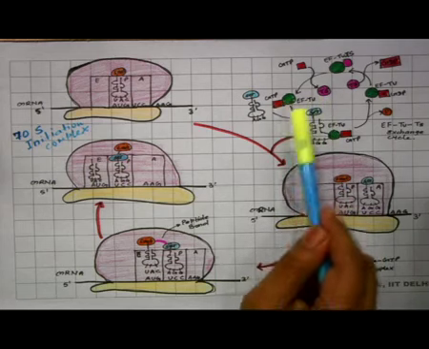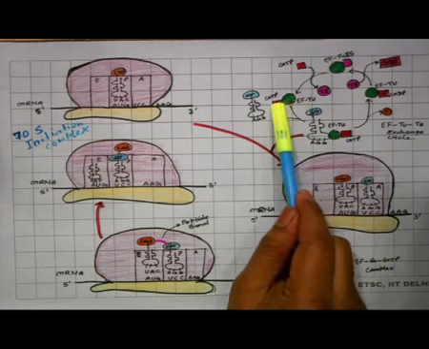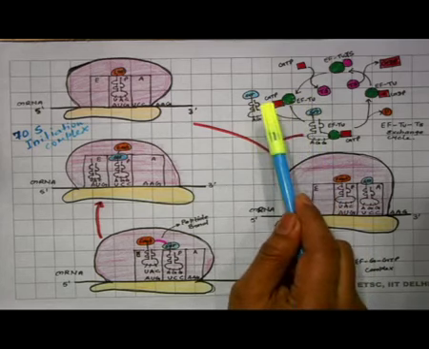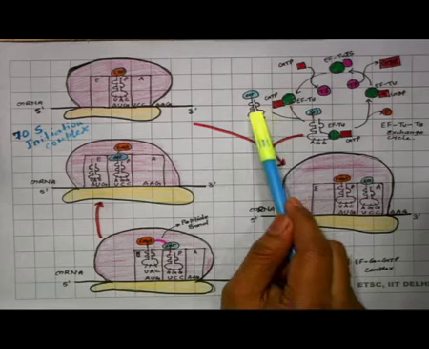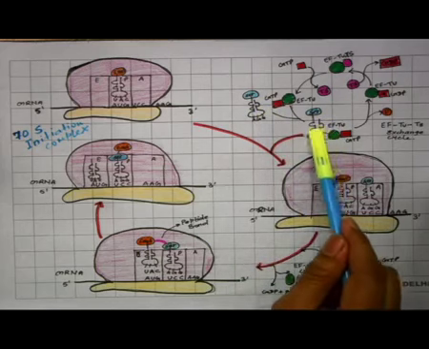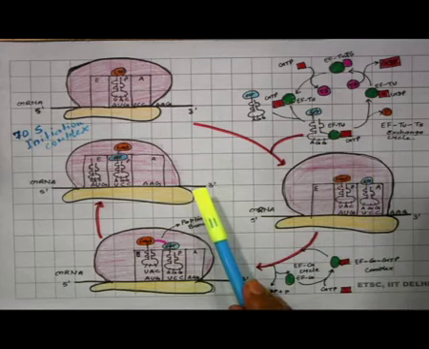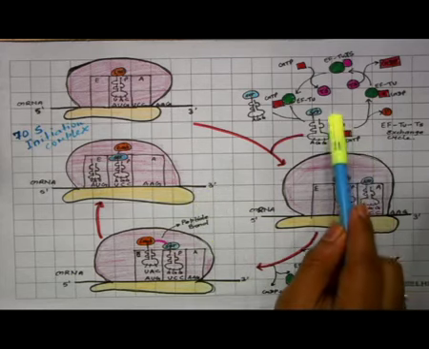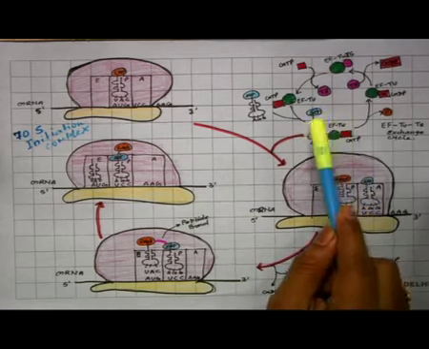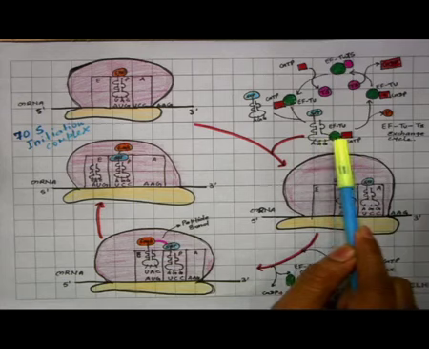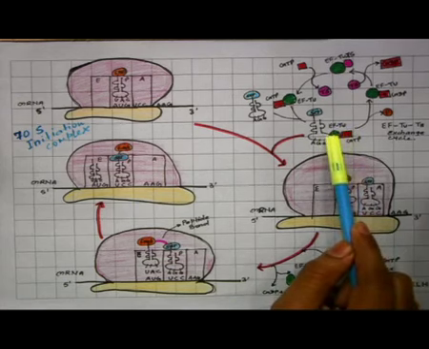This GTP elongation factor Tu will combine with charged transfer RNA to form the charged transfer RNA elongation factor Tu-GTP complex.